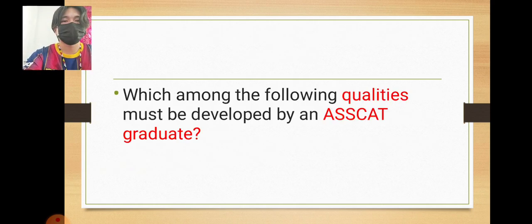So these are the things that will really come out in our exam. So, screenshot.